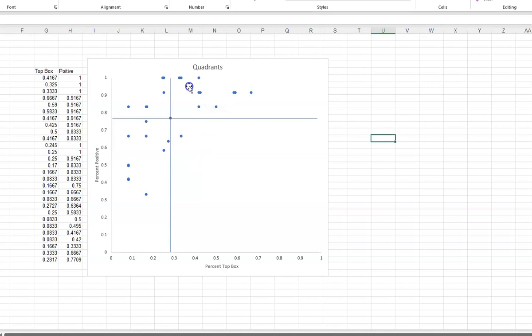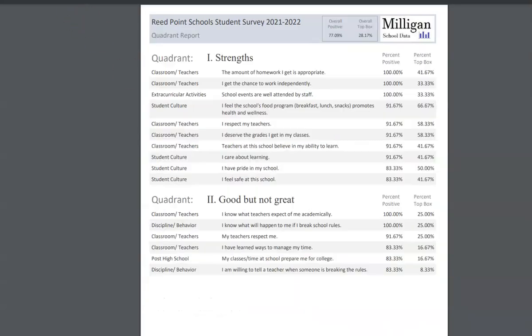And you can see that these questions all end up in one of 4 quadrants, and that's why we call this the Quadrant Report. The first quadrant we can look at right here are those questions that were higher top box and higher percent positive than the survey average. And we'll go back to our Quadrant Report here, and those we've just labeled as your strengths.